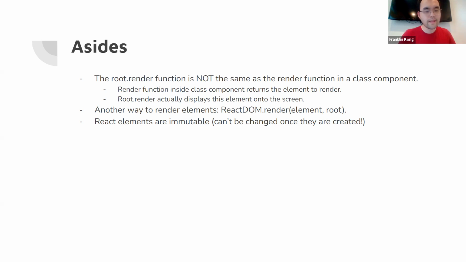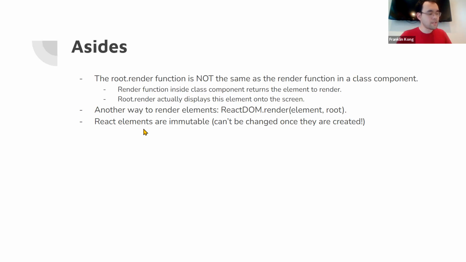There's another way to render elements as well: a method called ReactDOM.render, which takes two parameters, the element you want to render and the React DOM node, or root element. Finally, React elements are immutable, which means they can't be changed once they are created.